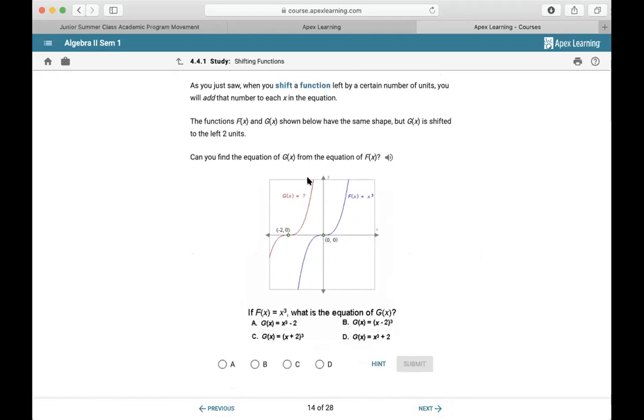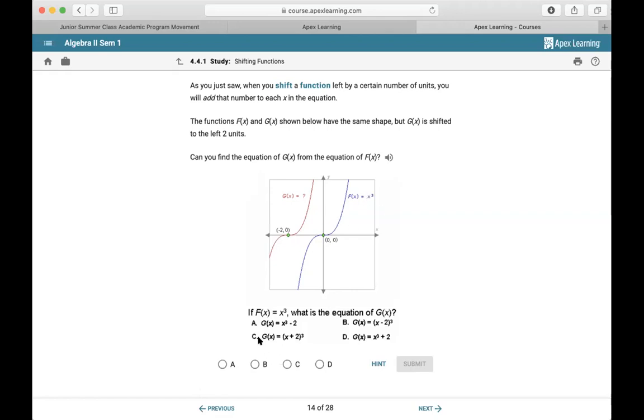Now here we saw that when we shift a function, we have to add directly to that x coordinate. But what happens when it's not as simple as x squared? If we've got x cubed, we can see we moved over 2 values to the left. What we just learned is that we need to add the value directly to that x component.